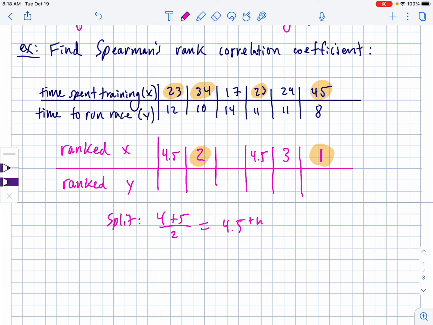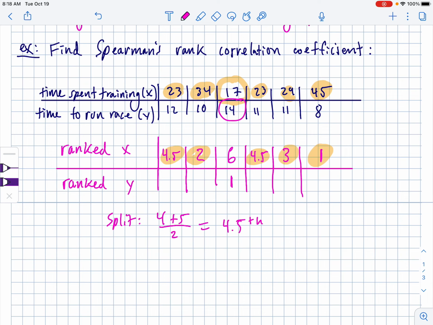You put a 4.5 in both of those spots. So we're up to 1, 2, 3, 4, and 5, and the last one is going to be 6. So the 17 here is the 6th rank. Because the 4th and 5th were the same number, you average them, so they're both the 4.5th.